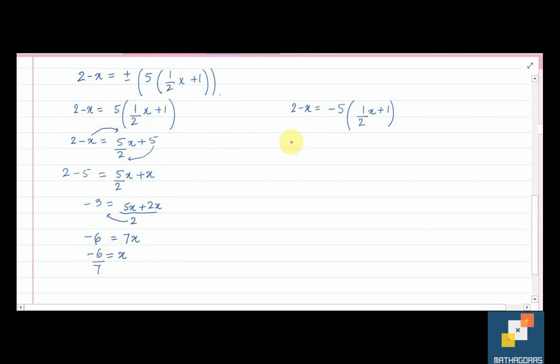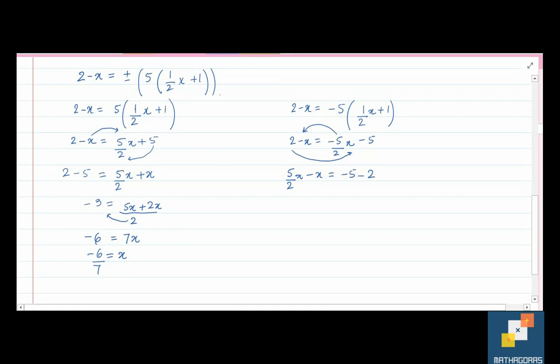Another equation, it will be 2 minus x is equals to minus 5 upon 2 x minus 5. In this case, I will shift this negative 5 upon 2x to the left side, so it will be positive 5 upon 2x, negative x as it is, negative 5 on the right side already present, and I will shift plus 2 to the right side, so it will be negative 2.